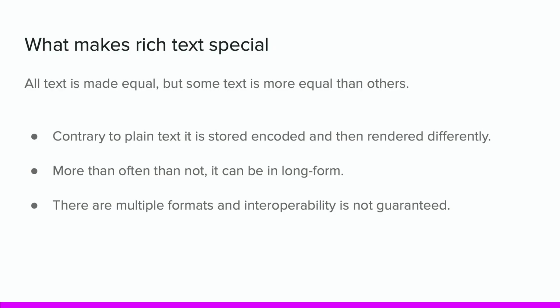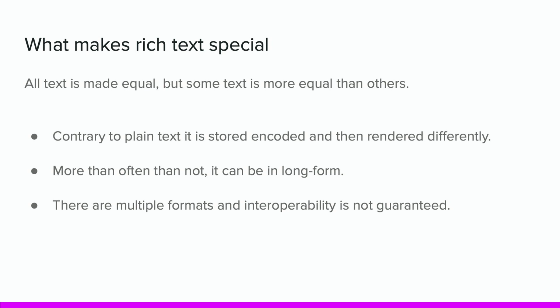Let's see what makes rich text special in our case. Contrary to plain text, it is stored, encoded and rendered differently. What that means is that plain text is just a string. We just save the file, then load it and display it, and it's the same thing as we stored it.